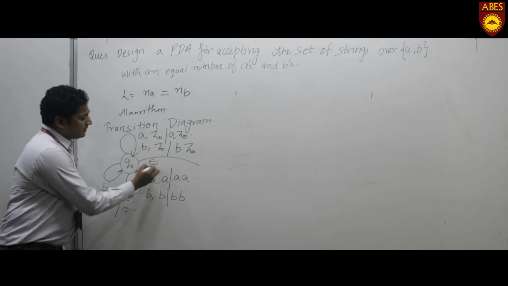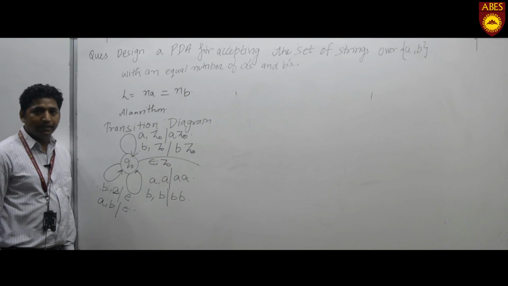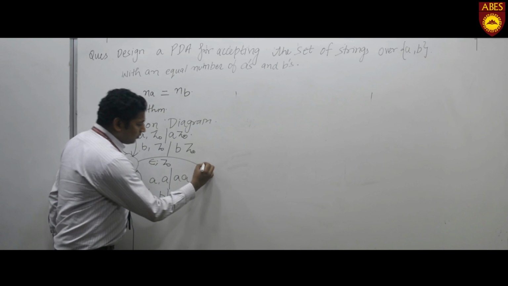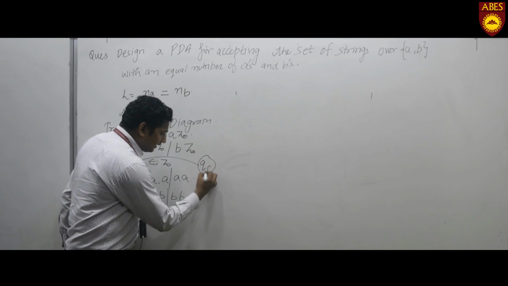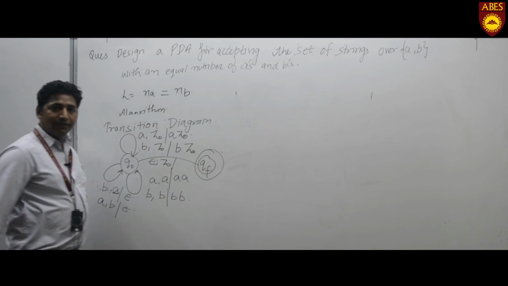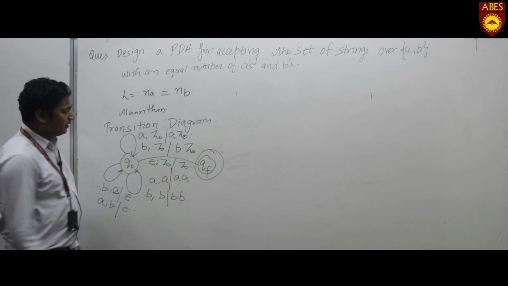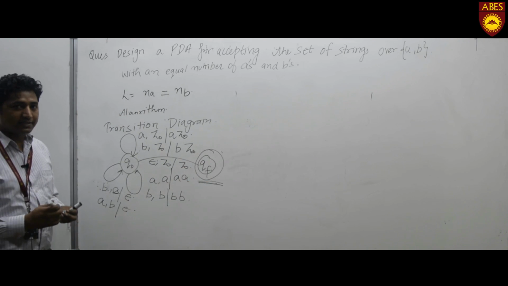We have input such as epsilon and Z naught will be the top of stack when the stack is empty. Initial symbol will be Z naught. And we'll move to another state, that is Q1, our final state, we can also say it as QF, by having no operation. So Z naught will be the stack symbol. This is acceptance of PDA with final state.